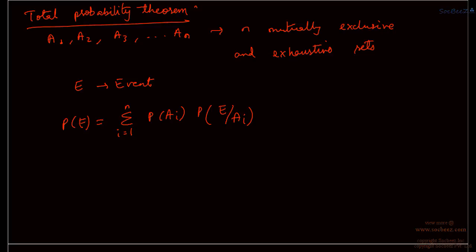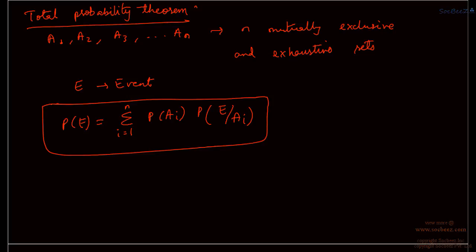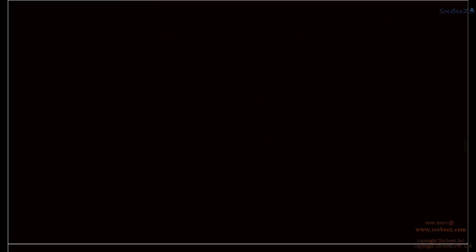So obviously, I will not be counting any extra part, and I will not be missing out anything else. Since these are exhaustive, I am covering the whole of the event E. So I can write P of E is the summation of these terms summed over all i.